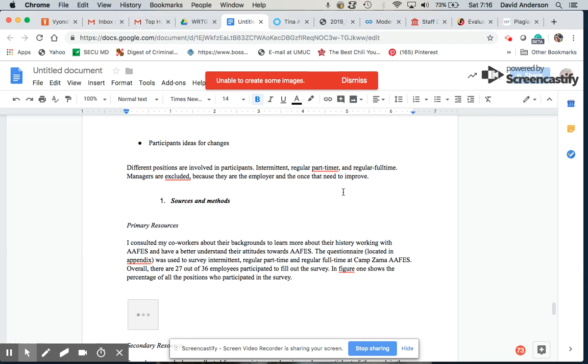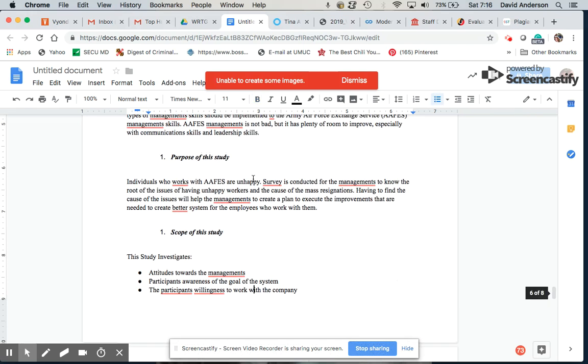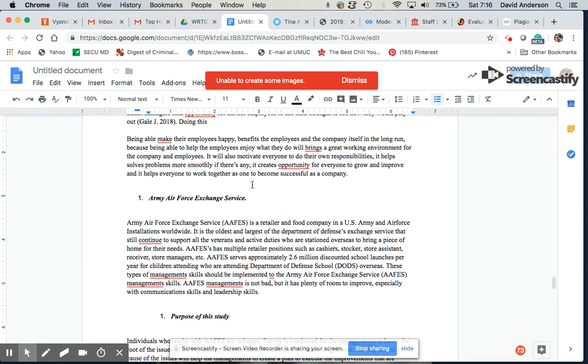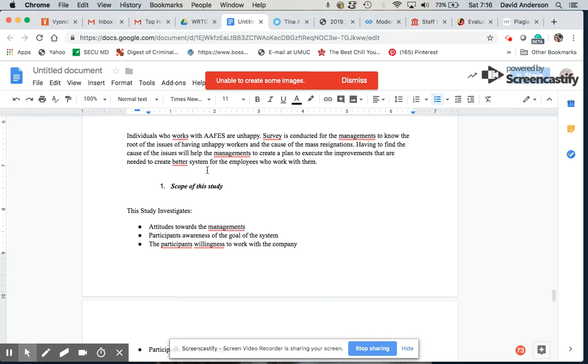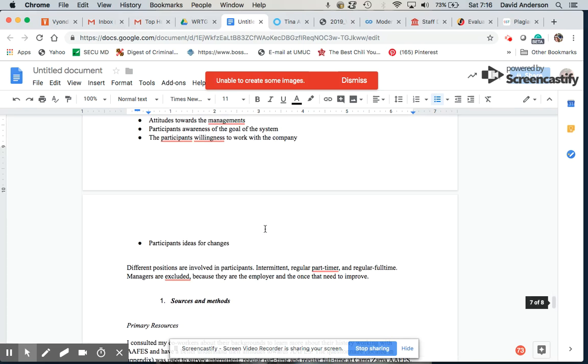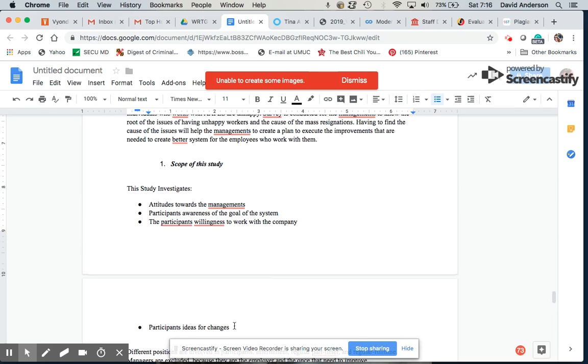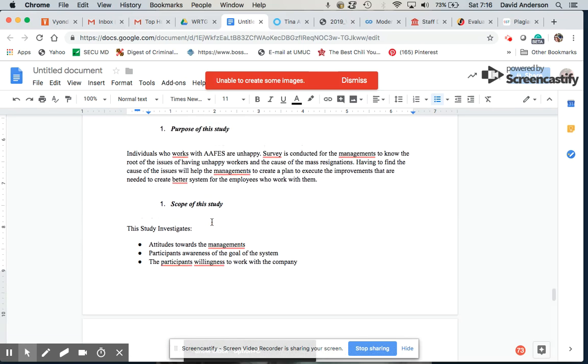So let's just take a look at going through the organization of the paper and the other things that I would recommend. While you have here the purpose of this study, you have given the scope. Make sure that these are not capitalized. Here on the scope of the study, here's where you say, I conducted secondary research and I conducted primary research.